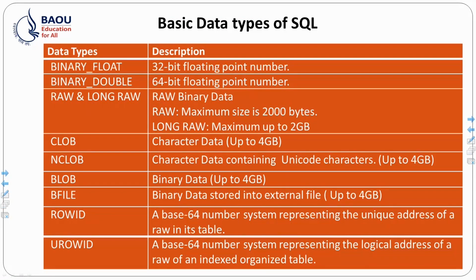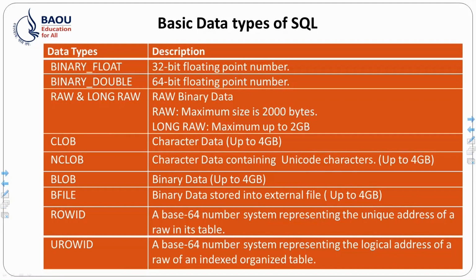CLOB is a character large object, used to store character data up to 4 GB. Now NCLOB is character data containing Unicode characters up to 4 GB. Now BLOB is binary data up to 4 GB and BFILE is binary data stored in an external file up to 4 GB.